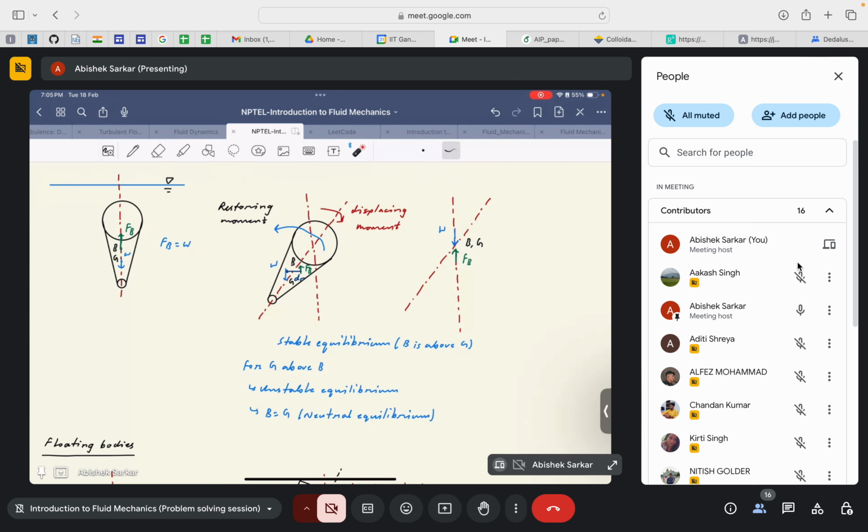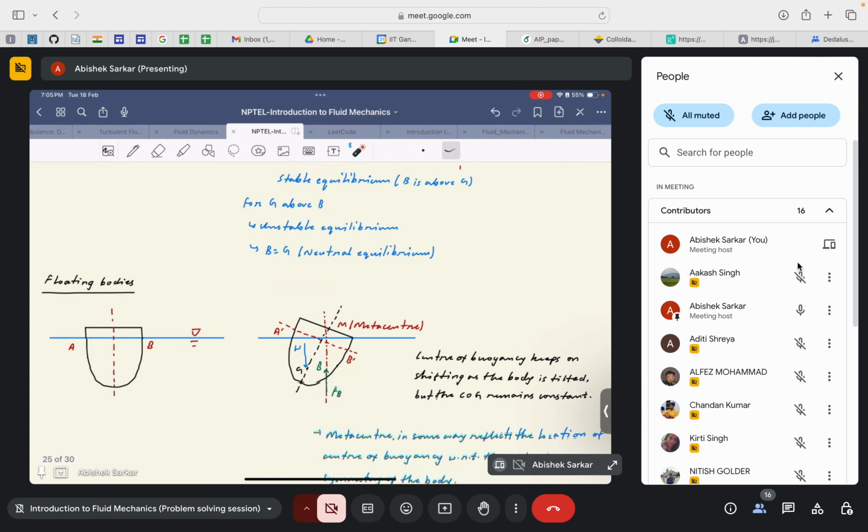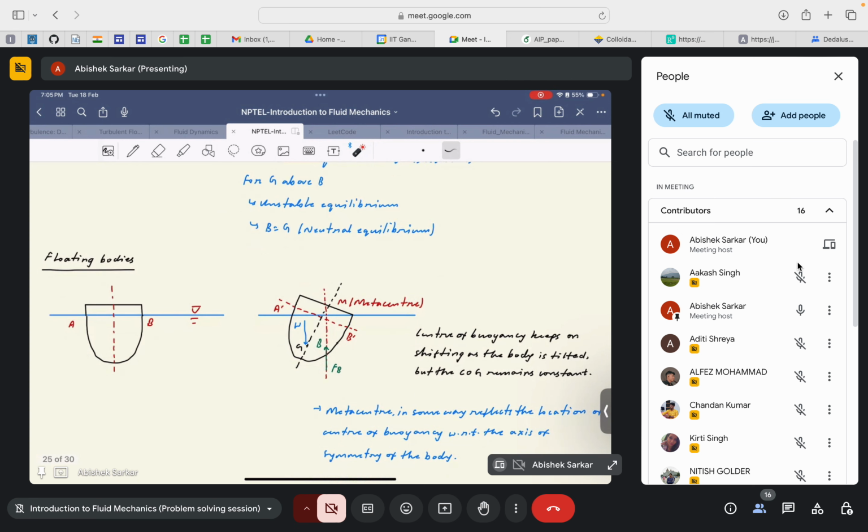Okay, because the amount of fluid that was displaced by the body remained constant, no matter how you tilted or shifted the body. But in the case of floating bodies, the amount of fluid that is being displaced by the body changes when you change the configuration of the body.